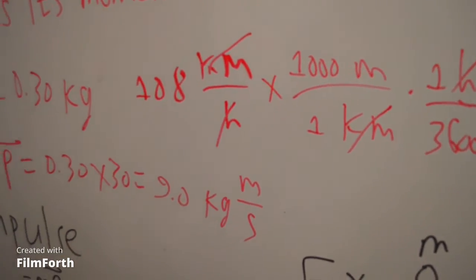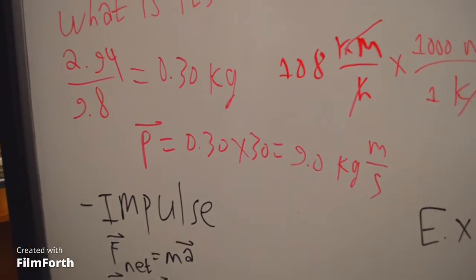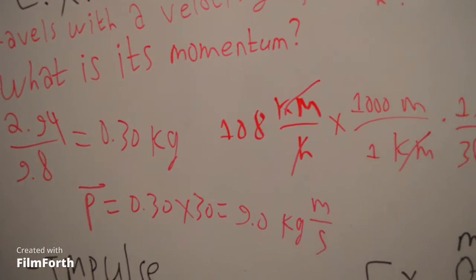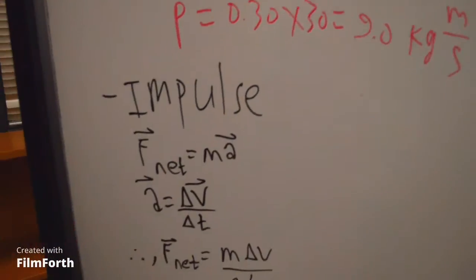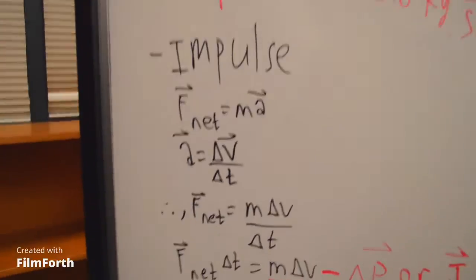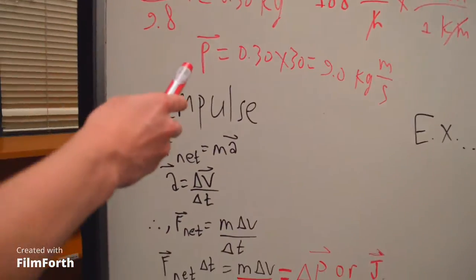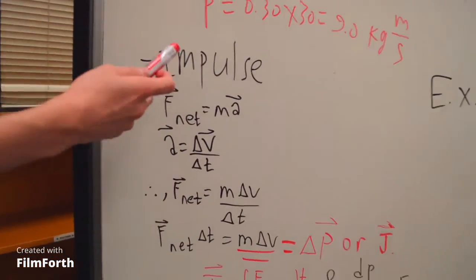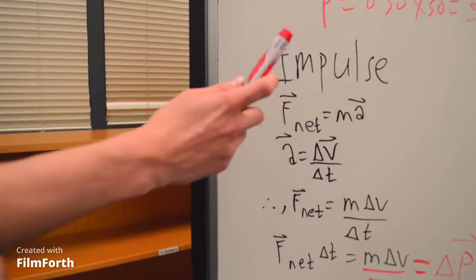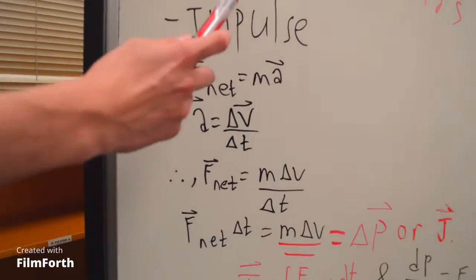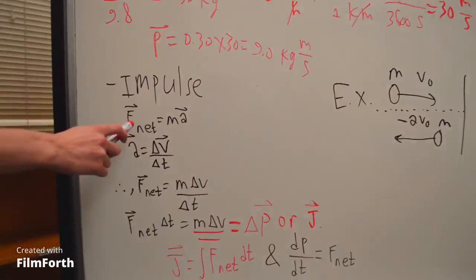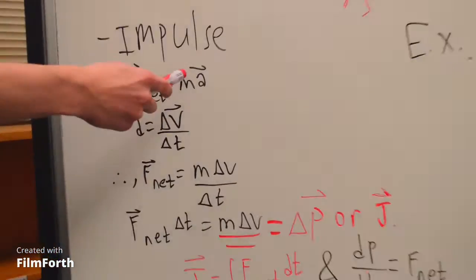Alright, so let's talk about what happens when momentum changes, when momentum is not constant. This is where we come to impulse. Impulse is change in momentum, and let's derive the equation. To derive the equation for impulse, we use Newton's second law. Recall that in my dynamics lecture, we talked about the fact that Newton's second law is F net equals ma.